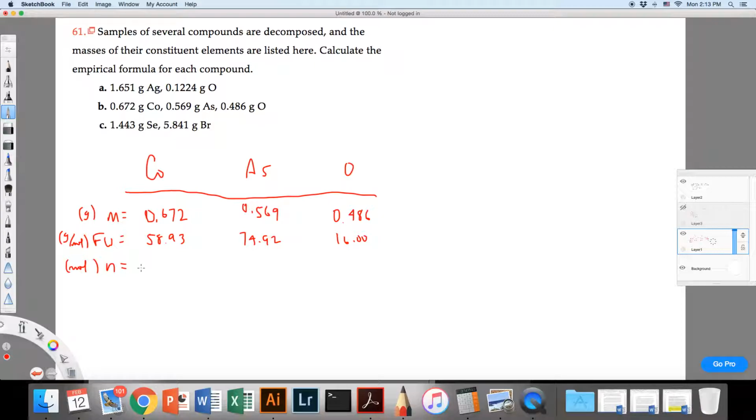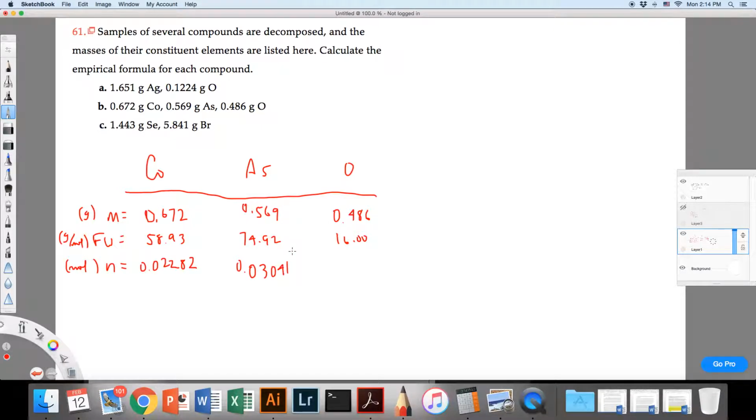And the moles of cobalt is 0.672 divided by 58.93 equals 0.02282. Okay. Arsenic is 0.569 divided by 74.92 equals 0.03041.